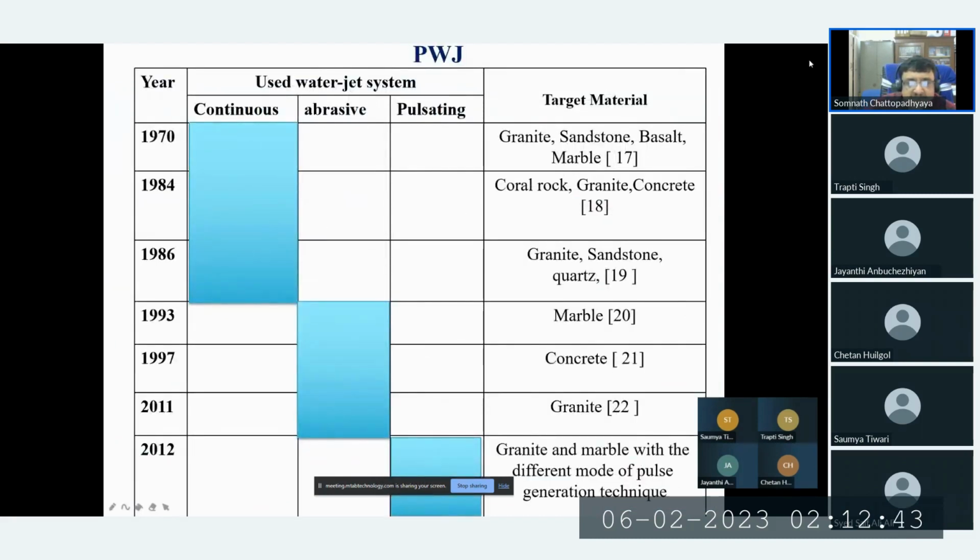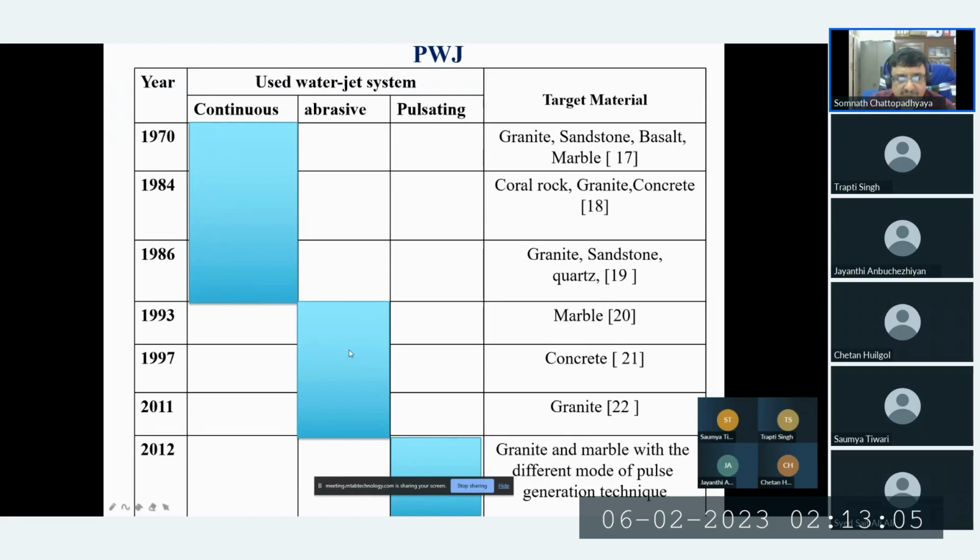So the pulsating water jet has three divisions. One is the continuous water jet, whose evolution period is 1970 to 1986. The reason is that otherwise the high pressure water generation technology was not discovered. This is the period where, with intensifiers, people came out with higher pressures.